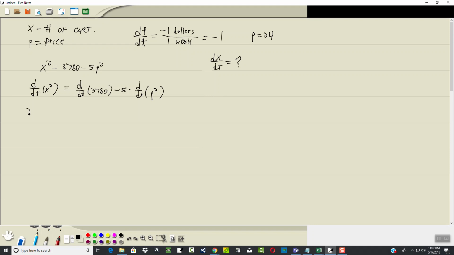You take the derivative like normal, so that'd be 2x, but then we have to put on the dx over dt. So you put the variable that you actually are working with, with respect to t. Now the derivative of a constant is 0, so it drops away. Minus 5, and we're taking the derivative of p squared with respect to t, but it's really a p, so we take the derivative like normal, that'd be 2p, but then we have to put on our dp over dt.